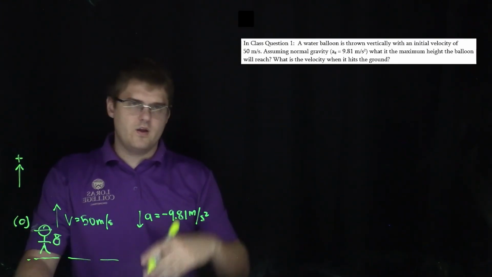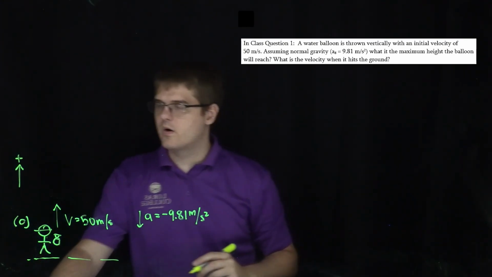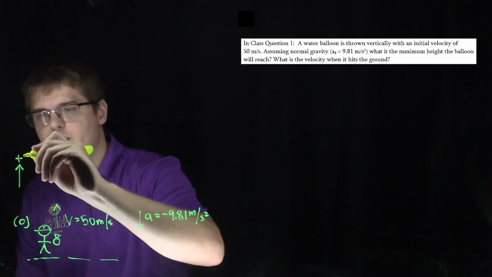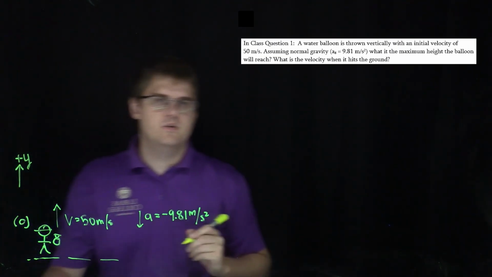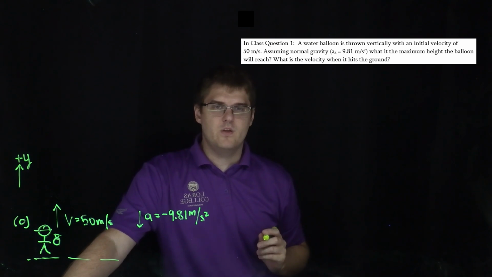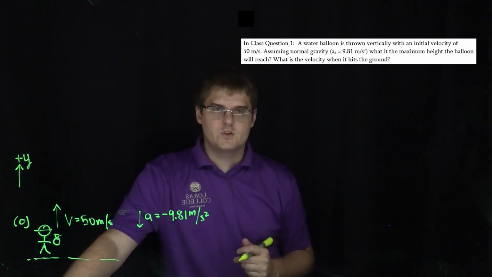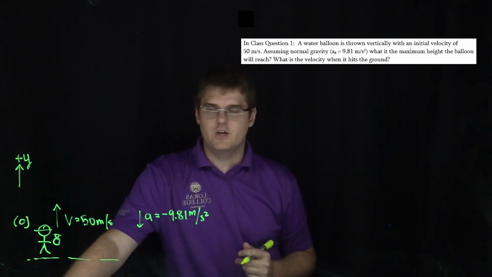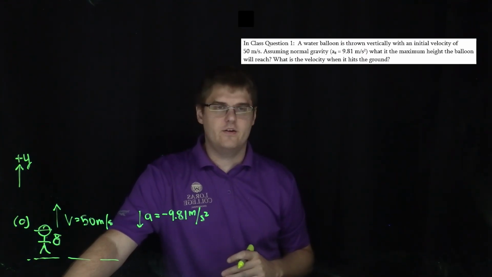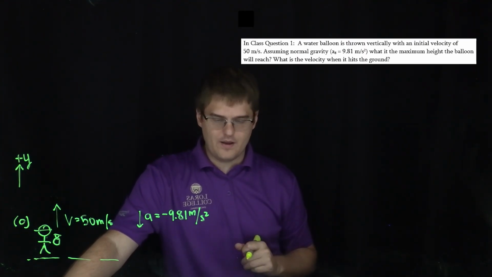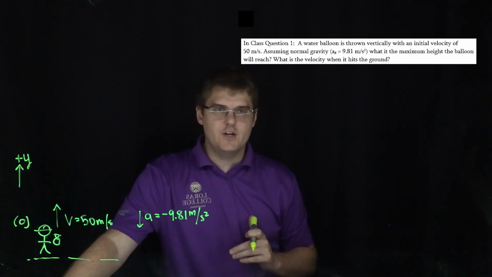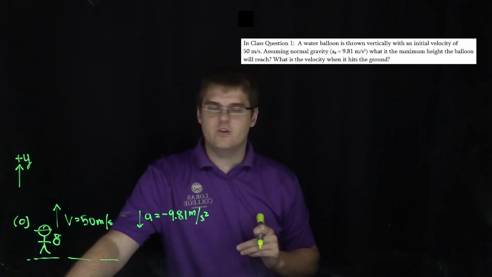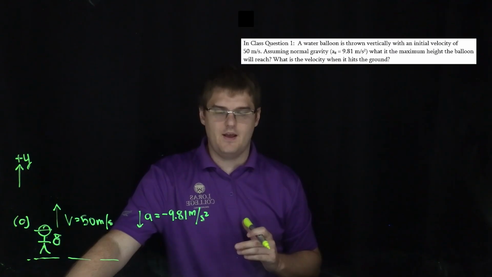And since we're going up and down, we're going to call this the positive y direction. Now, a lot of the times we work with x, it's just a dimension change. Since it's vertical, we're going to call it y. X's and y's are interchangeable so long as you're working specifically in whichever direction you define to be that x or y.